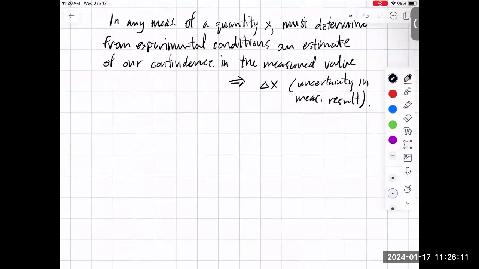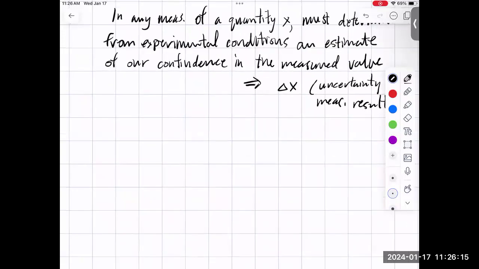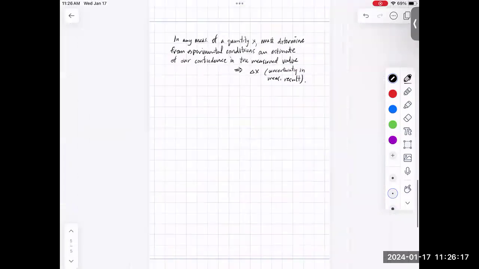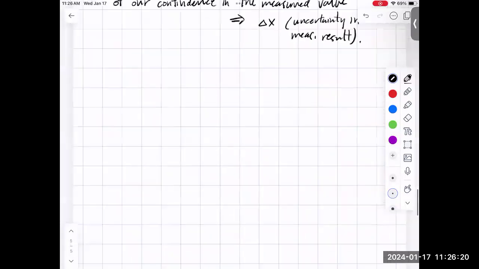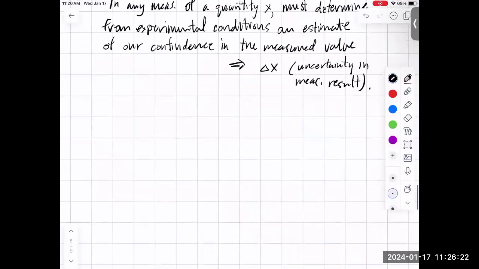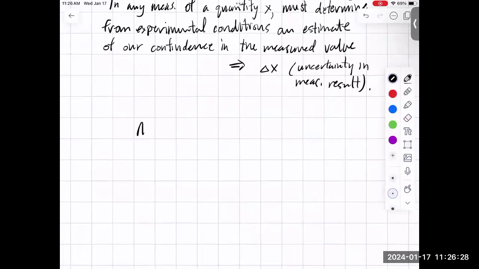All right, so what we're going to talk about is the different kinds of uncertainties we might encounter. So two terms that I want to define to start are accuracy and precision. Accuracy tells us how close a measurement is to the true value.